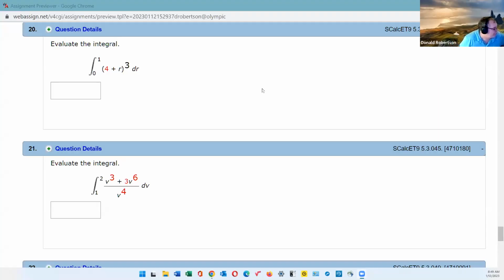Right, you're looking at question 20 here: 4 plus r in brackets, all cubed. This is eventually going to be the product rule. That is product rule, the chain, the power rule. Finally got the right name out.